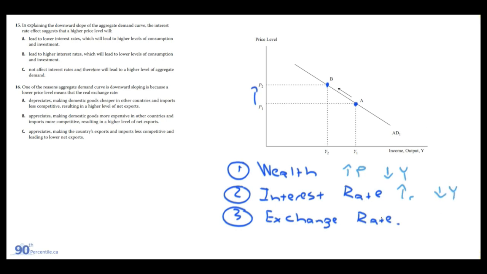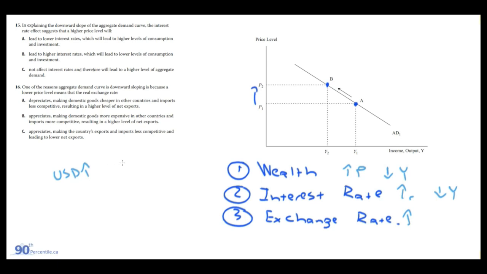And then finally, we have exchange rates. So if exchange rates increase, so let's say I'm in the US and my US dollar increases, then what's going to happen to net exports? Well, if the USD appreciates, that's going to make imports cheaper for us and exports more expensive to the rest of the world.